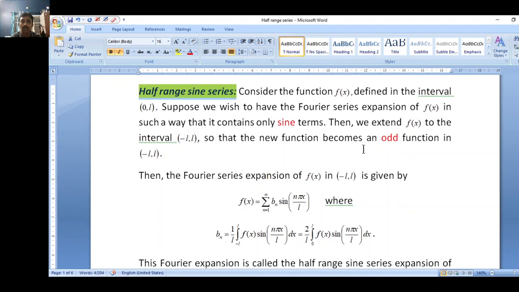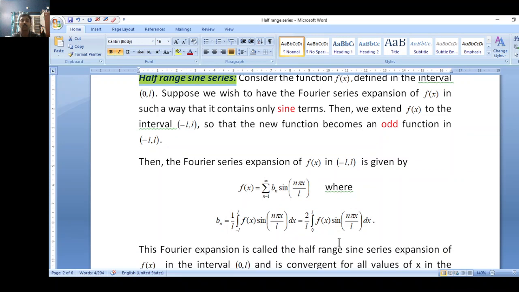And if you are told to find the half range sine series expansion, you have it in terms of only bn, and bn is given by this expression. This is exactly what has to be done when it comes to problems.